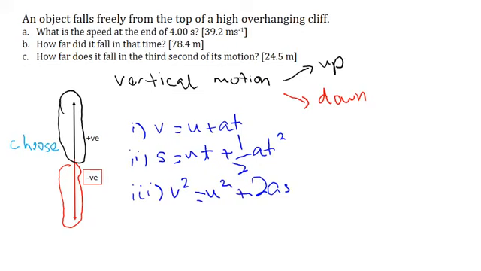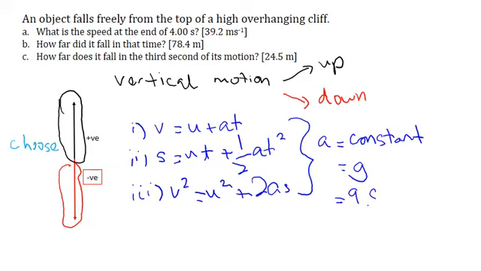The reason I'm using these 3 equations to solve this problem is that when your object is falling downwards, the acceleration of the object is constant. And the value of the acceleration is the gravitational constant, which has a value of 9.8 meters per second squared downwards.